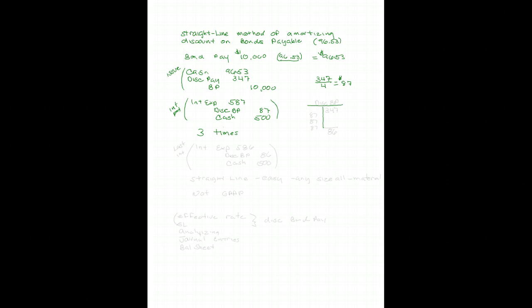So where would we be in our discount on bonds payable at this point in time? Start at 347, take out 87 3 times, and where would you be?